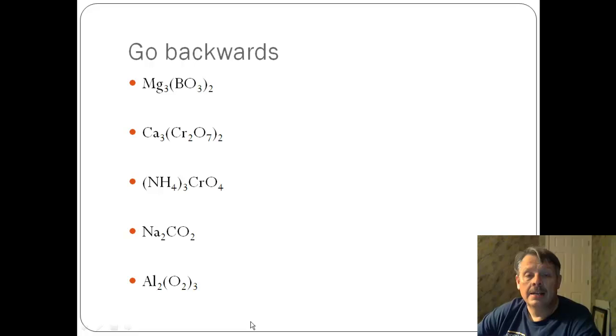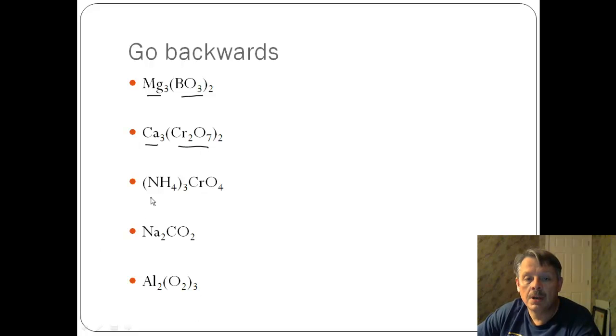All right, again, the subscripts don't matter when you're naming, so you just say this would be magnesium and borate. This would be calcium. Now, the Cr2O7, you have to look at that because there are a couple in there with chromium, and the Cr2O7 is dichromate, whereas the one right below it is chromate.